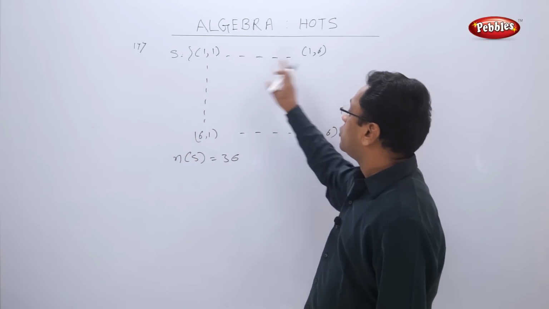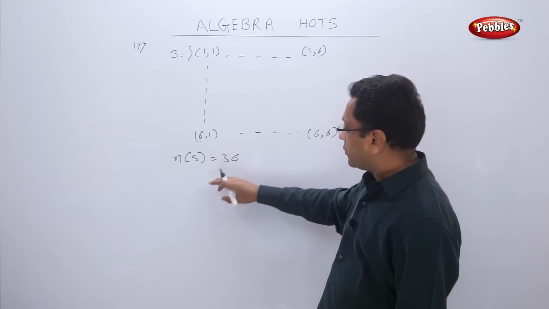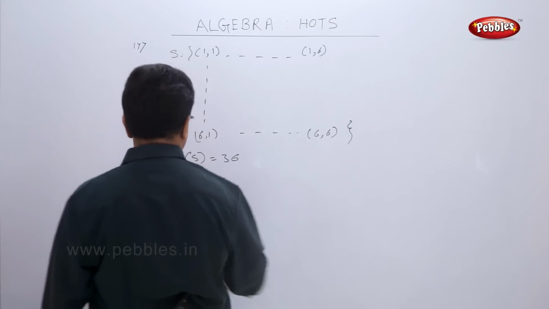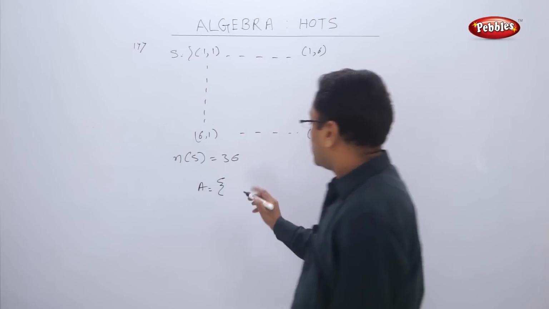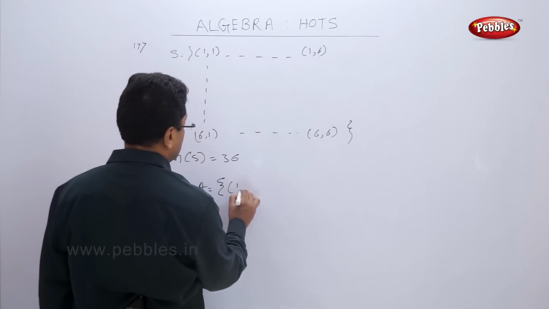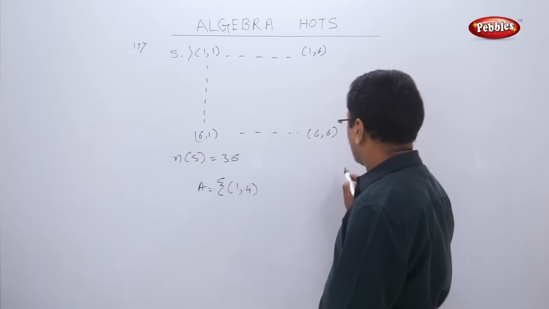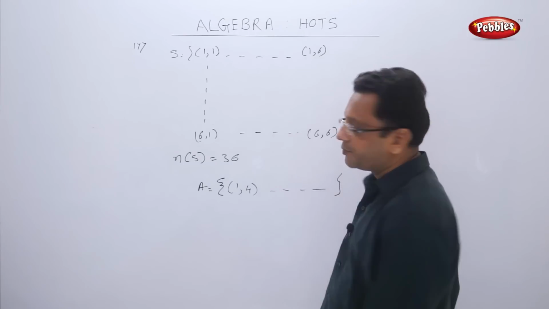Now here you should write down the given condition, or A will be equal to, the 4 should be at least once. Now in this case, the first is 1 4 and so on. So find out this.